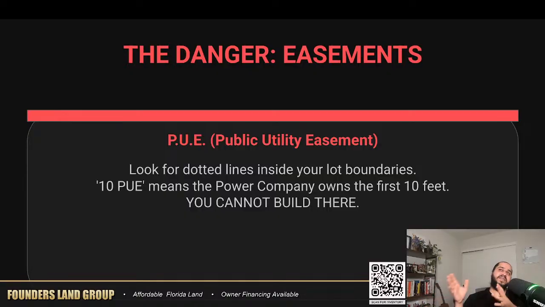But let's say if this utility easement is on the whole lot, then technically you are not able to use it. So always be careful of easements. I will be educating you guys down the series on how to leverage and understand the GIS mapping tool to locate these public utility easements.